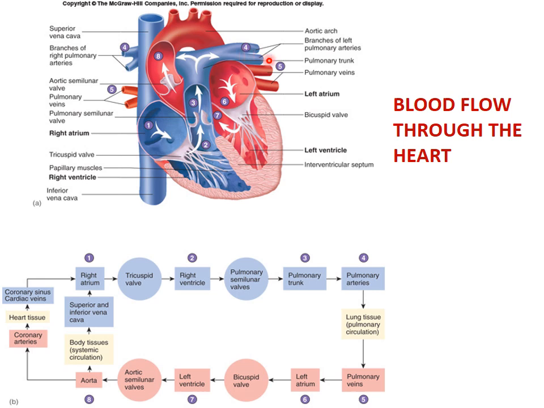The oxygenated blood will then return via the pulmonary veins into the left atrium, through the mitral or bicuspid valve into the left ventricle, and then the left ventricle will pump the blood up through the aortic semilunar valve and into the aorta and systemic circulation.